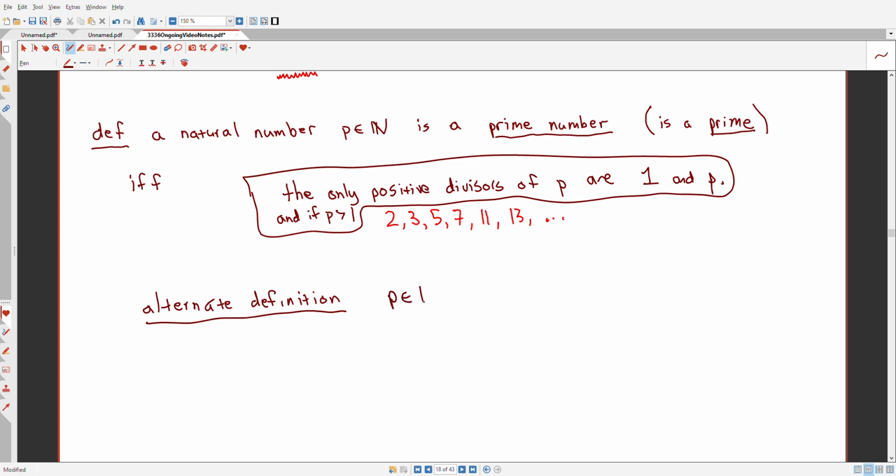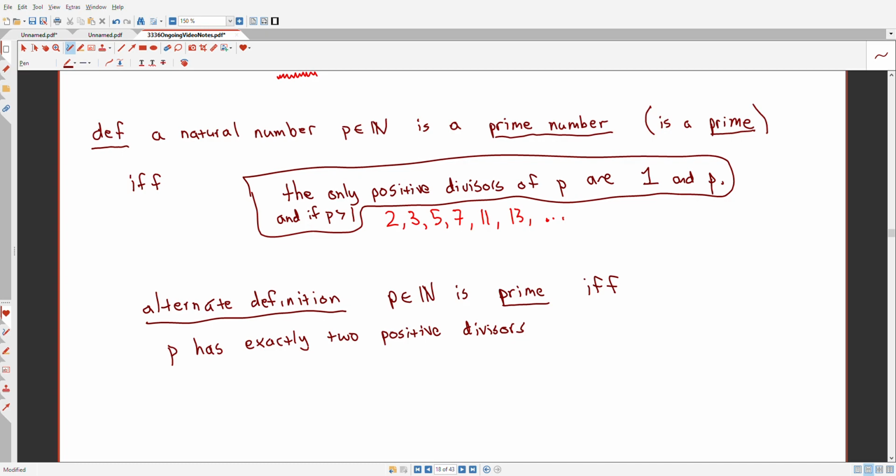P in the naturals is prime if and only if P has exactly 2 positive divisors. This requires a little more thought to see that it's capturing the same numbers as the definition I have boxed above.